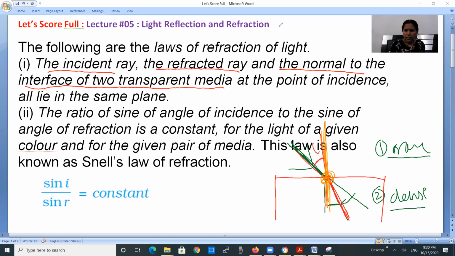Incident angle over here I, refracted angle over here R, normal and refracted ray के बीच में. तो अगर आप sin I लेते हैं incident angle का और refracted angle के sine का ratio, ये हमेशा constant होता है. Constant मतलब कि ये लाइट किस कलर के लिए है वो fixed होना चाहिए, and जो दो medium आपने लिए हैं उनका pair fix होना चाहिए.